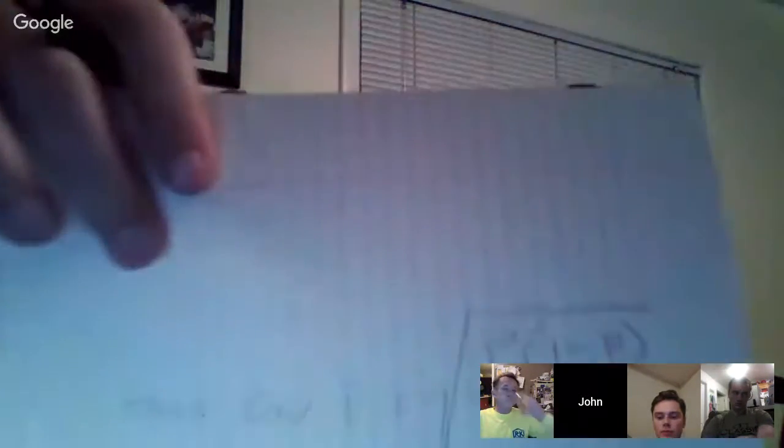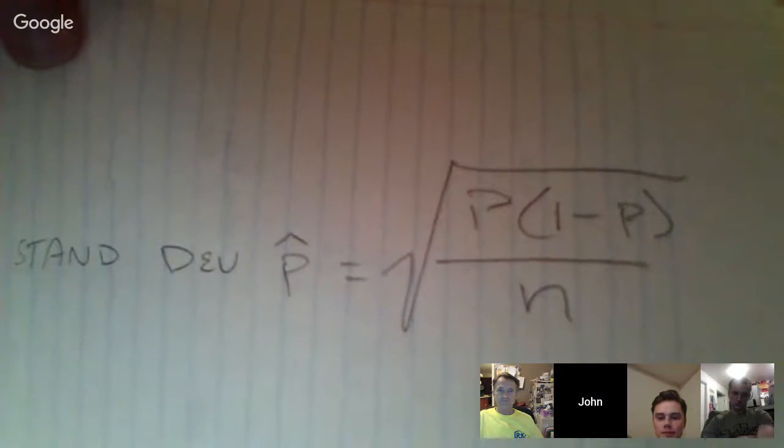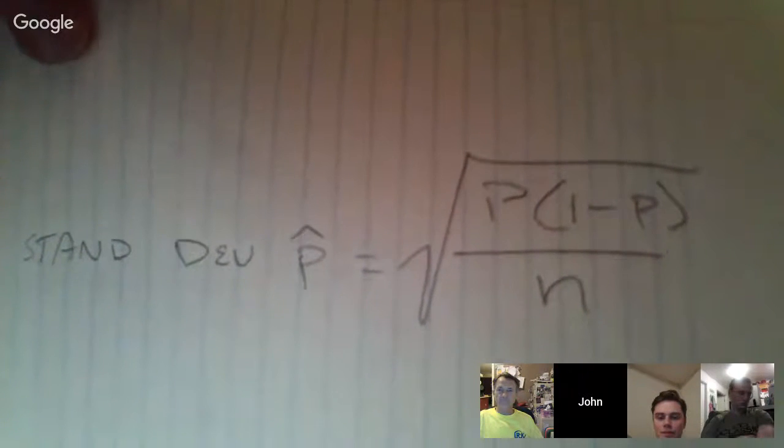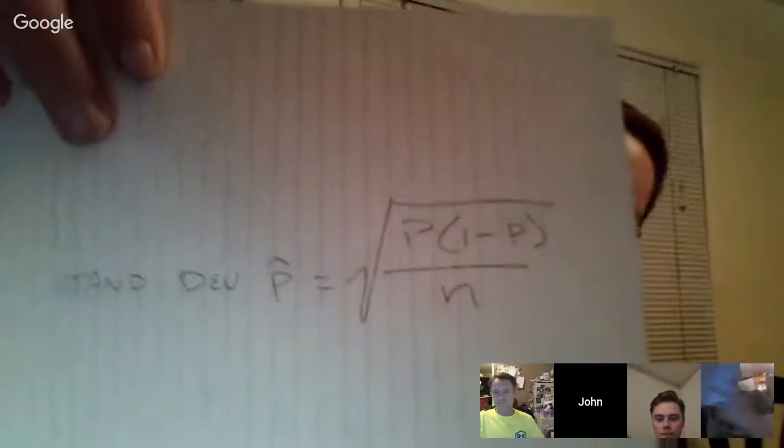The standard deviation of P hat is the square root of P times 1 minus P all over the number of samplings. That makes sense. I just plugged that into a spreadsheet and put in the numbers. I'm not good at calculating, but you love Excel? Yeah, it's great.